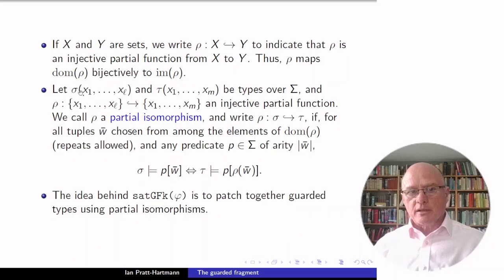Now let σ and τ be types over some signature, as we had before.